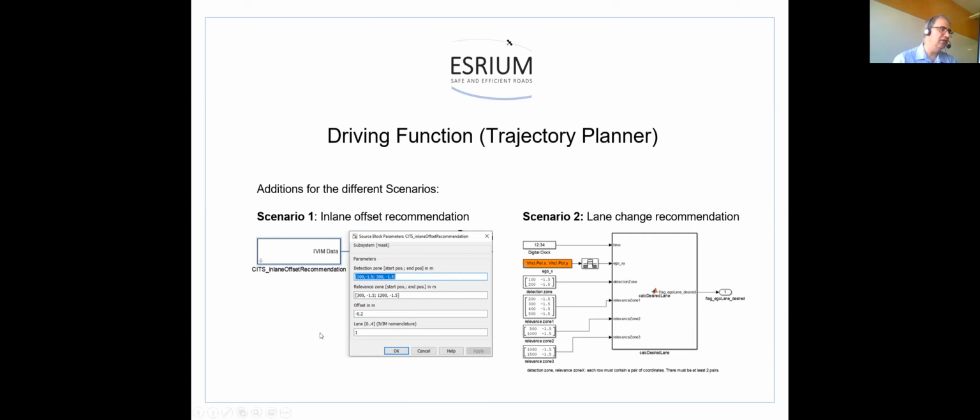For the inline offset recommendation, we need a direction zone, a relevance zone, the offset, and the lane which the offset is dedicated to. And for the second scenario, the lane change recommendation, we need one direction zone and 3 relevance zones.